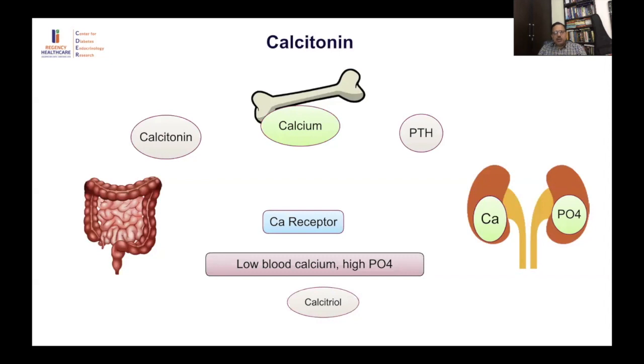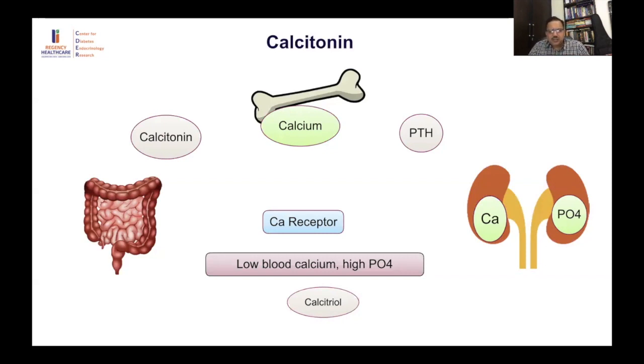But calcitonin has a very minimal physiological effect. The reason being that in situations like medullary carcinoma of the thyroid, where there is a huge amount of calcitonin, we would expect hypocalcemia to happen, but there's no hypocalcemia. Similarly, when you have a thyroidectomy with an intact parathyroid, you do not develop hypercalcemia.